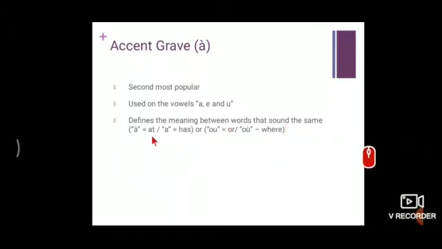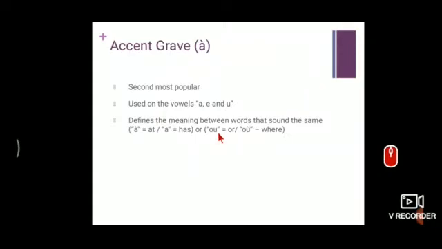Accent grave, this means "at", the proper meaning in English. For example, if you see this word in a French sentence, the meaning is at. In case you see A without an accent, that means has. He has a pen.